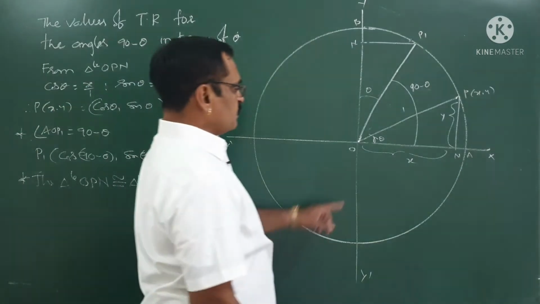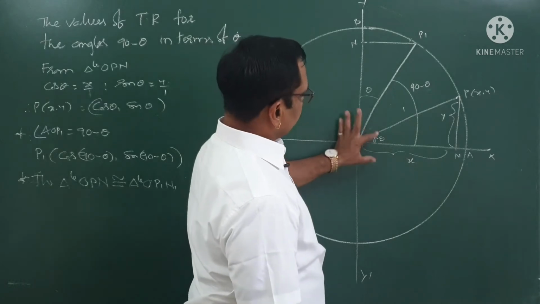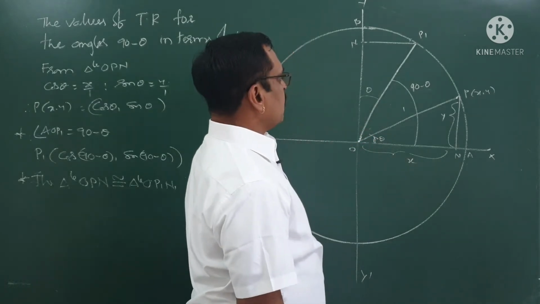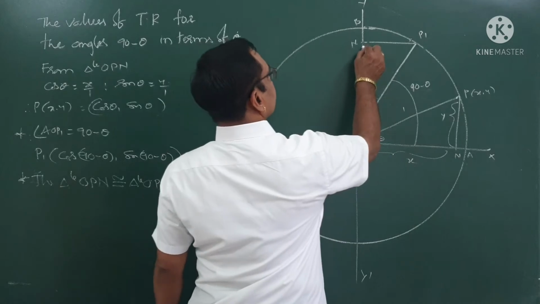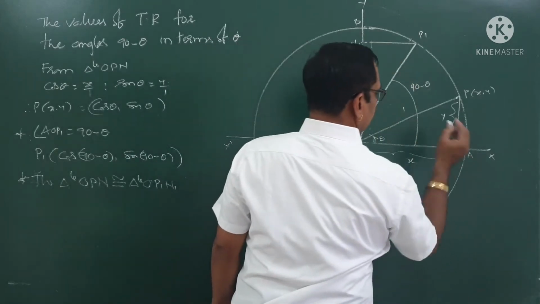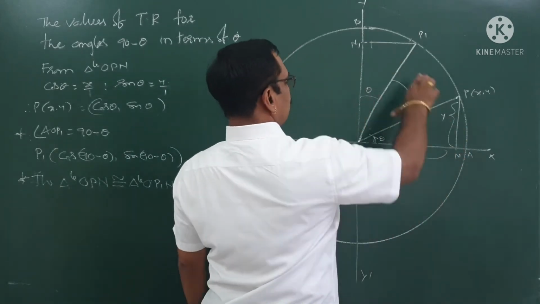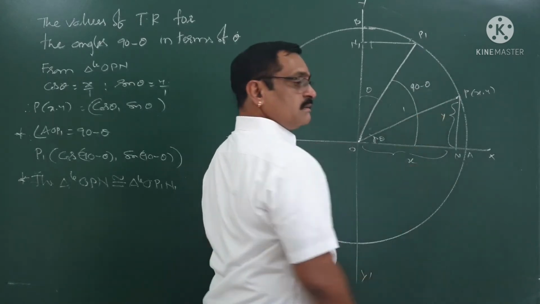How? Very simple. These two angles are numerically equal, and this is 90 degrees, this is also 90 degrees, and OP1 is equal to OP.